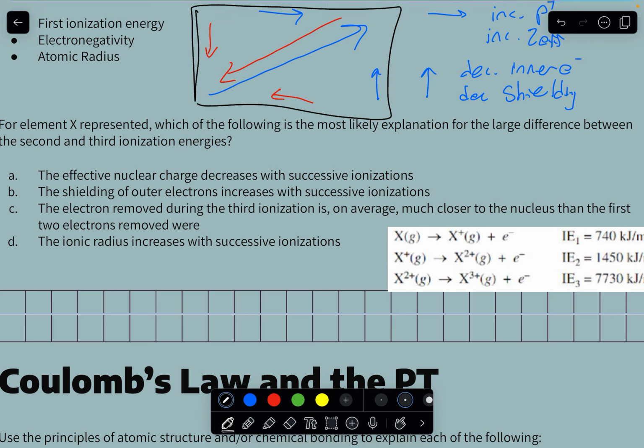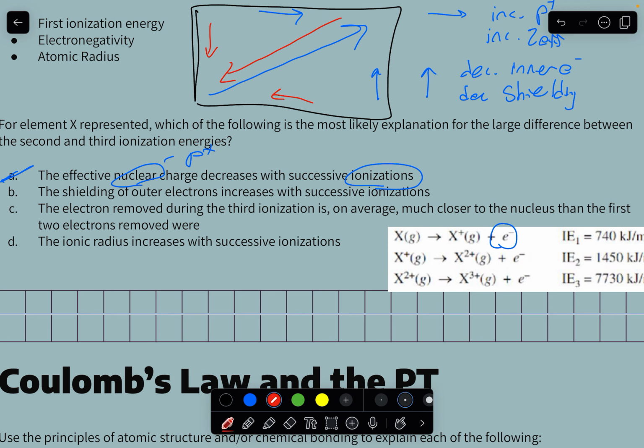A says the effective nuclear charge decreases with successive ionizations. Remember, with ionization energy, you're removing the electron, so that does not affect the nuclear charge. We're not removing protons, because nuclear refers to your nucleus, protons and neutrons.